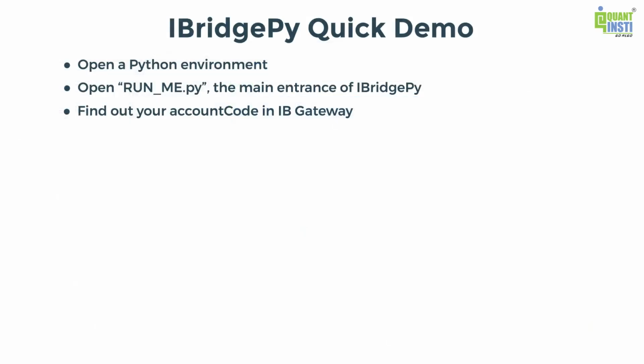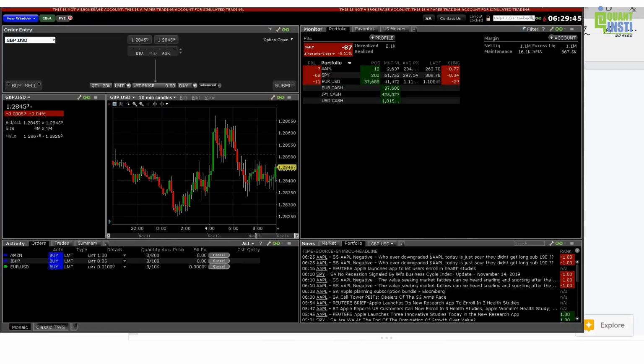What you need to do is first find out your account code in IB gateway or TWS. In TWS, you can see on the upper right corner, you will see your account code, DU230626. That's my paper account code.